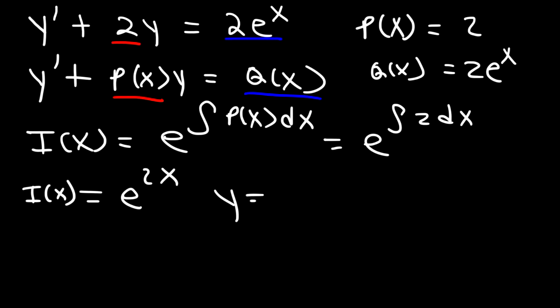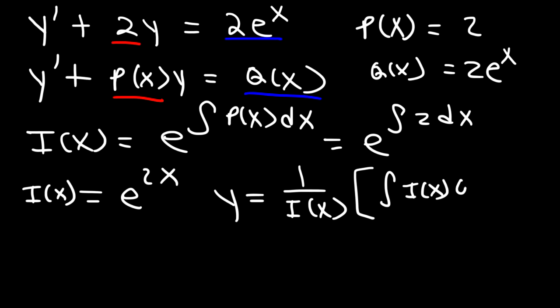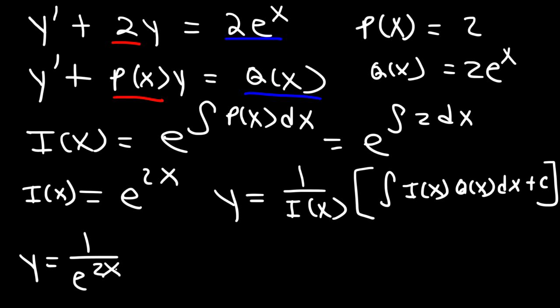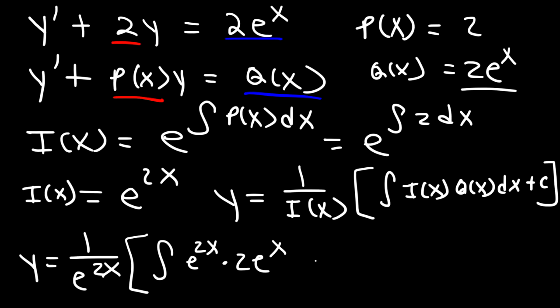So now we can write the general solution to the differential equation using this formula. It's going to be 1 over e to the 2x times the integral of e to the 2x, and then q is 2e to the x dx, and then plus c.